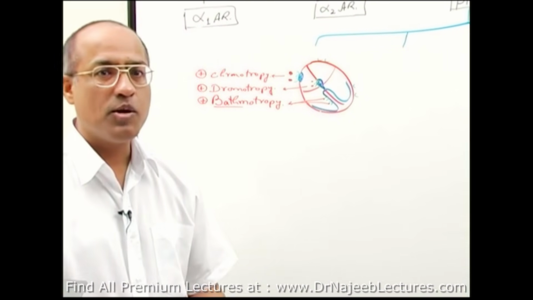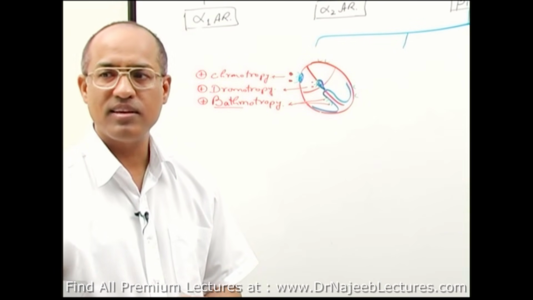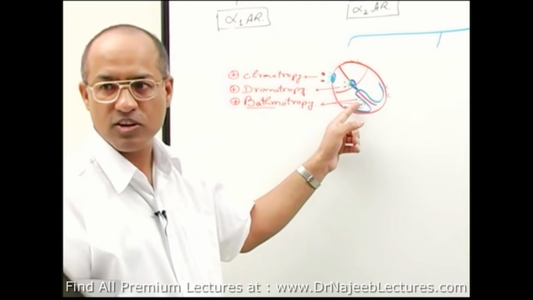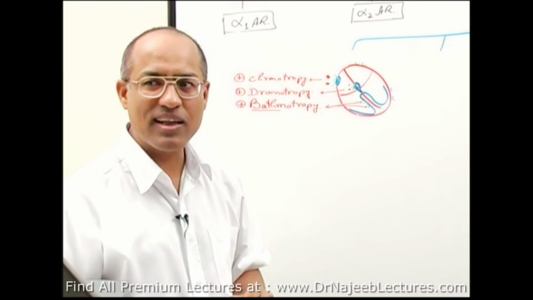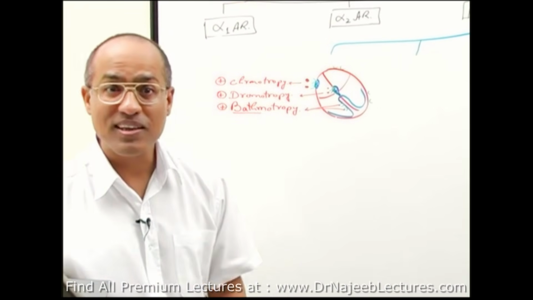So remember, positive bathmotropy means there is increased excitability of the specialized conduction system. And when the SA node is excited, that is positive chronotropy.